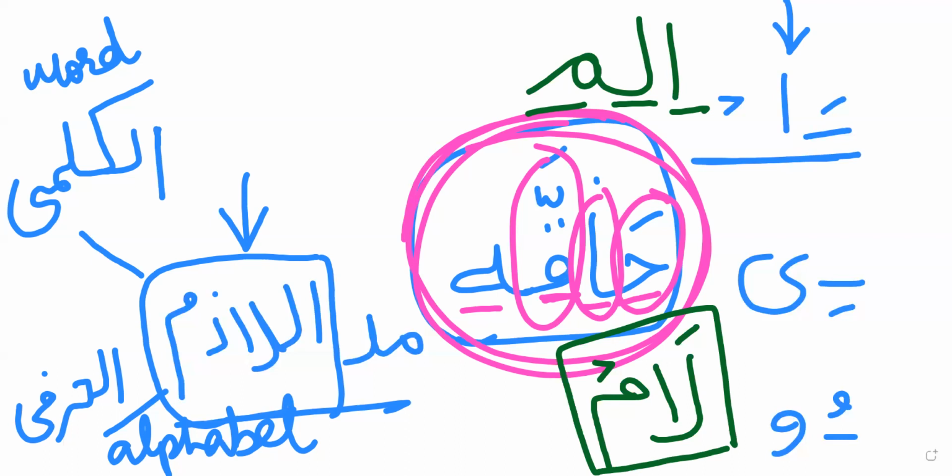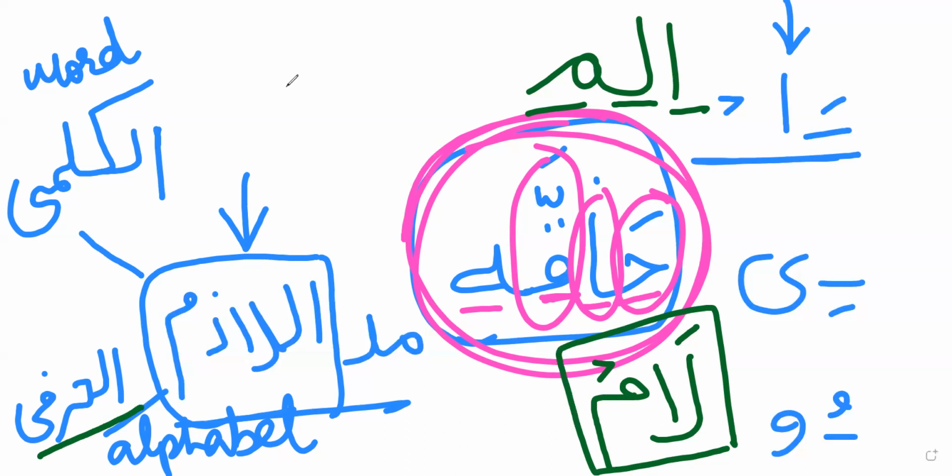How cool is that? It's food for thought, how something can be 2 things at the same time. Wow, I never thought about it, but Allah can do anything. Okay. So when we're going to talk about al-mad al-lazim al-harfi, I'm going to be talking about huruful muqatta'at.